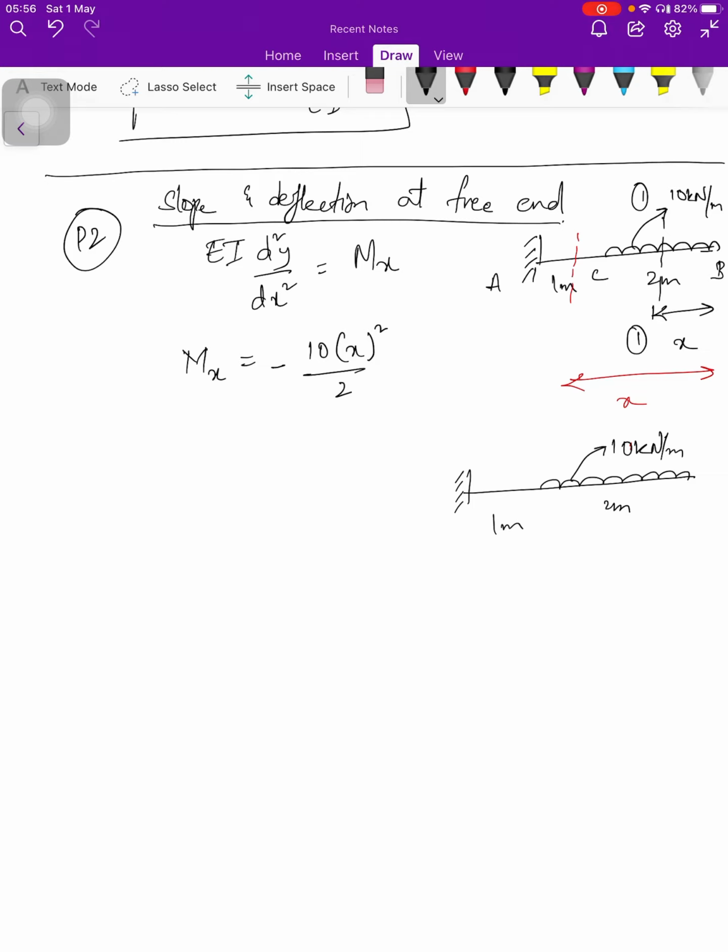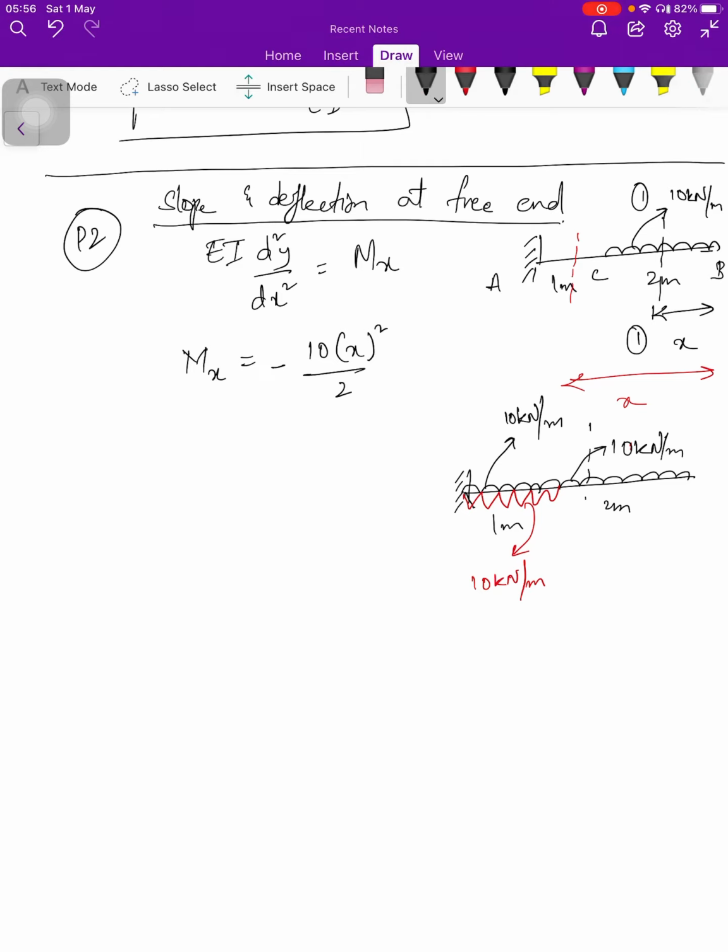You assume a similar UDL on the remaining 1 meter portion, and you subtract another UDL of the same intensity with an opposite sign. Suppose these UDLs are acting vertically downward, the red one will be acting vertically upward. Now just check what will happen.